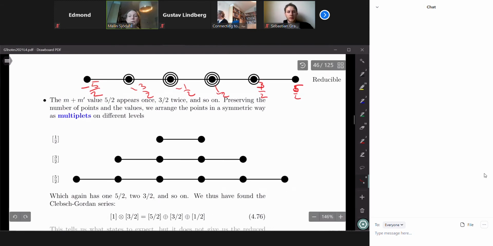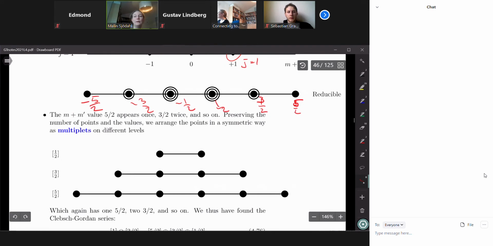To do so, we note that in this representation with the maximal Jz value, we should have all possible values starting from this 5/2 and then going down to 3/2, etc.